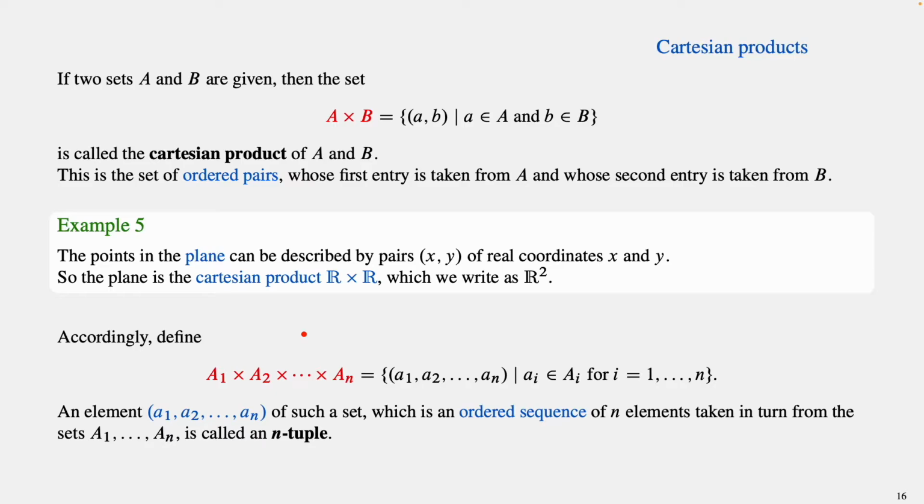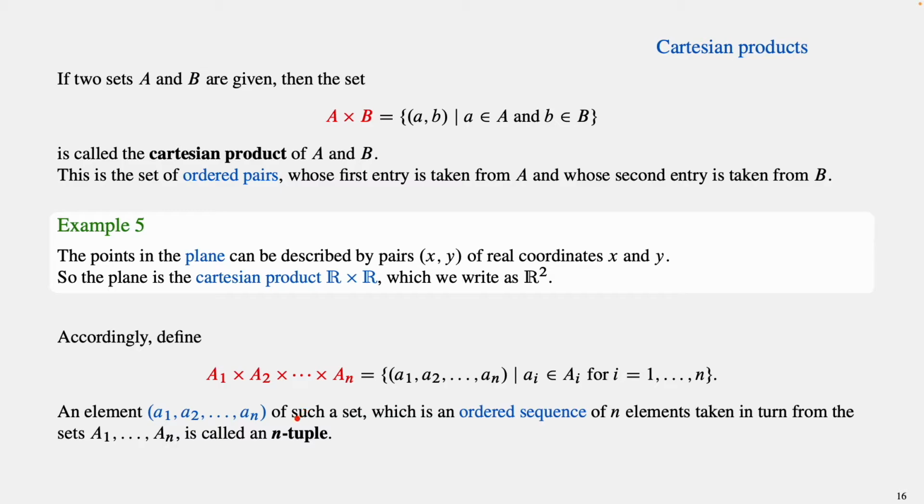And we can define the Cartesian product for more than two sets. So if we have n different, or not different, sets, I can write A1 times A2 times ... times An. And these are the sets that contain ordered sequences of n elements, where the ith element in the sequence is taken from the ith set in the product.